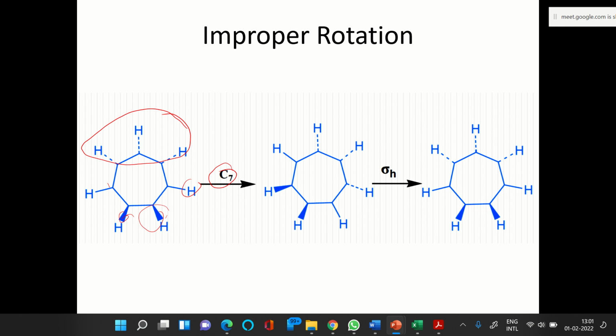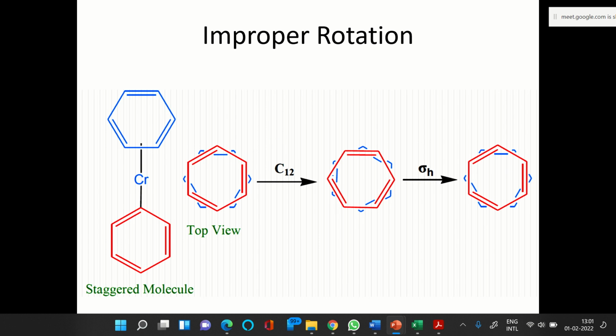So when you rotate by 2 pi by 7, this is how it will look. The perpendicular plane means you have the screen as your plane. This is your C7 axis, and perpendicular to this is the screen itself. So if you reflect it, it will come like this.